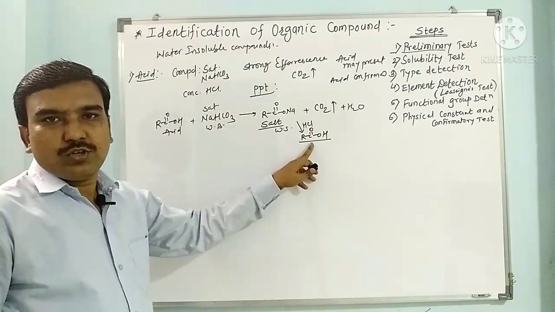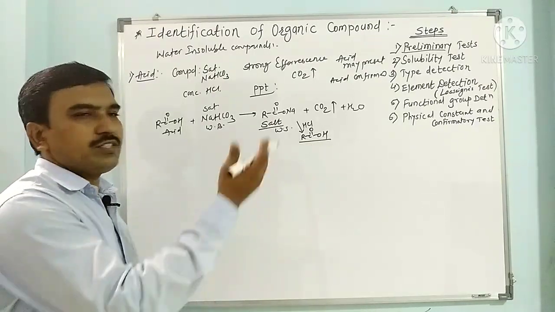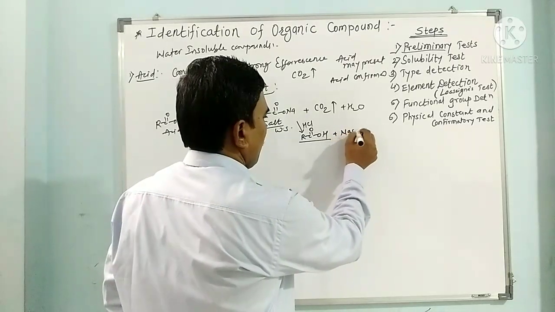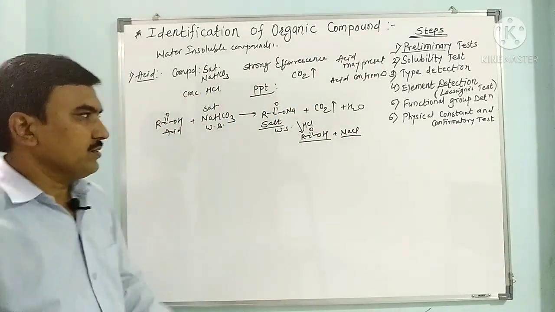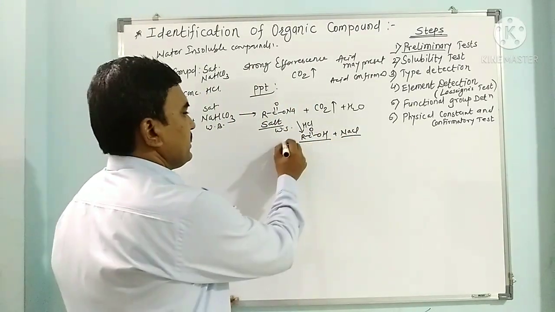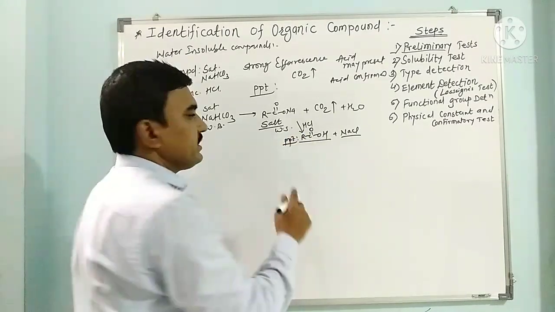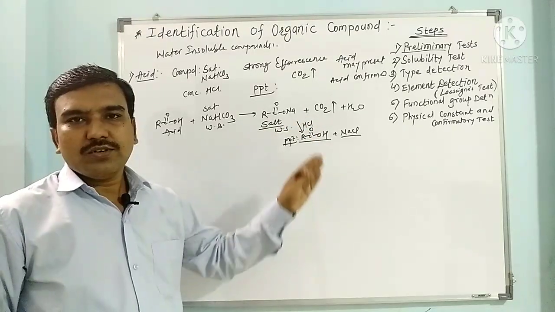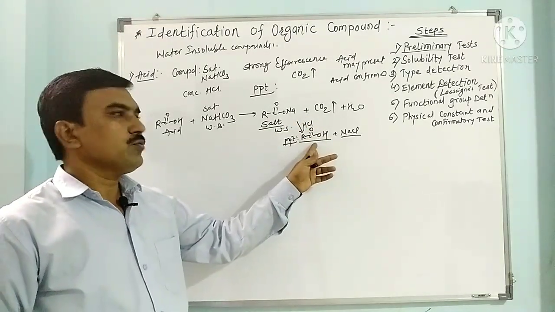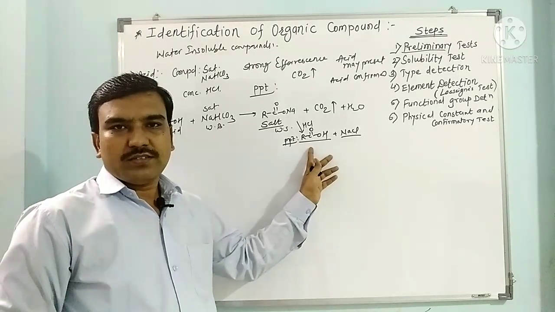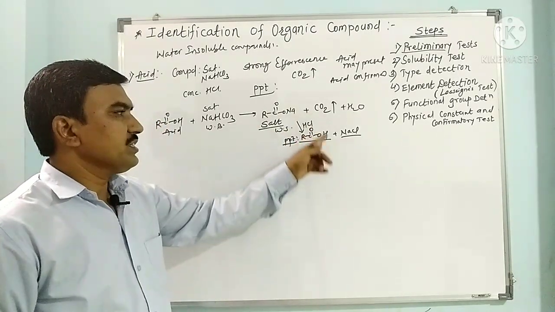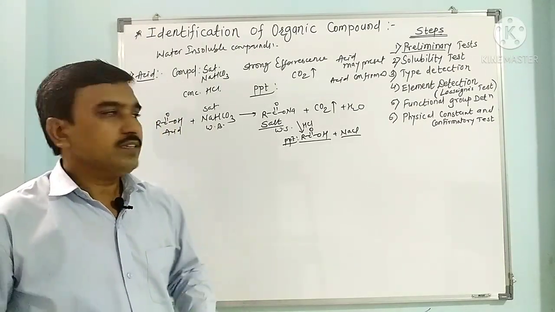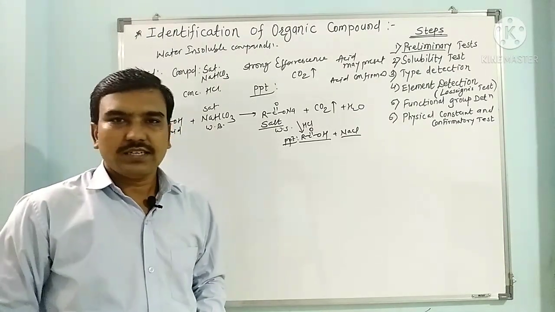This carboxylic acid is water insoluble, hence we get its precipitate plus NaCl, and this NaCl dissolves in the water. The precipitate separates out from the aqueous solution because the salt is decomposed and this water insoluble substance is released. This precipitate indicates carboxylic acid is regenerated, hence the acid is confirmed.